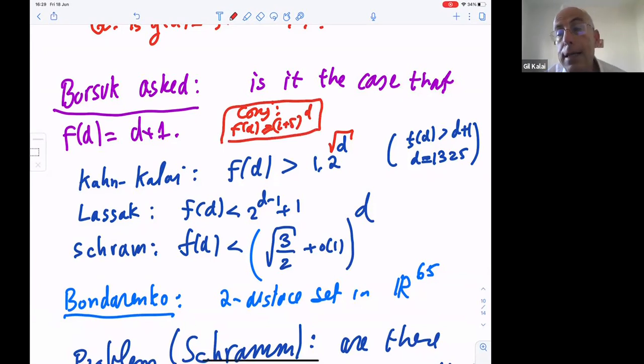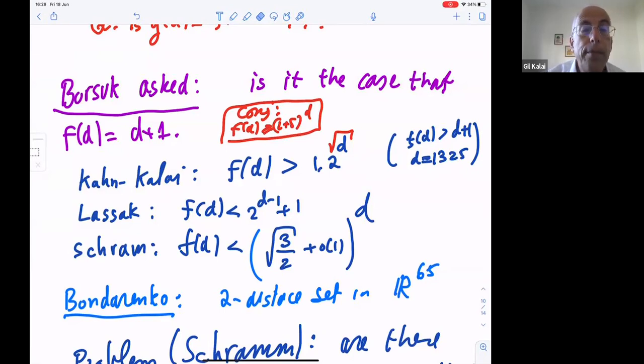Also regarding the upper bound, Oded Schramm's upper bound of square root 3 divided by square root 2 plus little o of 1, to the power of D, is asymptotically best possible. There was an attempt to attack this problem in a different direction by Bourgain and Lindenstrauss, but they came out eventually with the same bound.